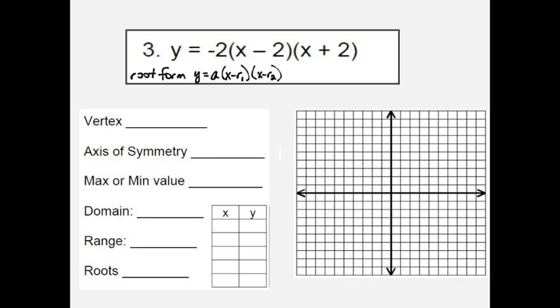And sometimes, again, if it's just a touch, root 1 and root 2 can be the same number. So what we read out of root form is, of course, roots.